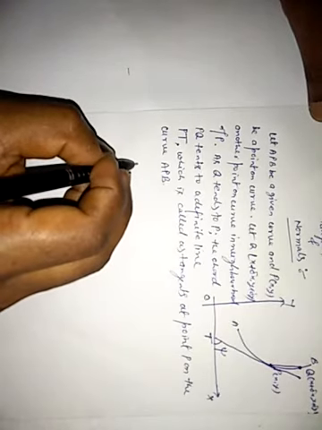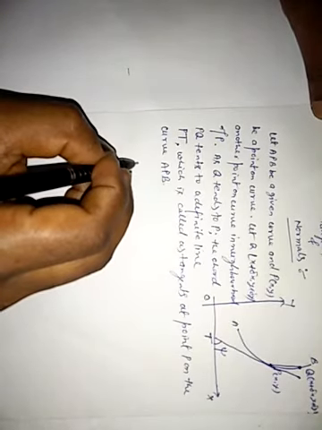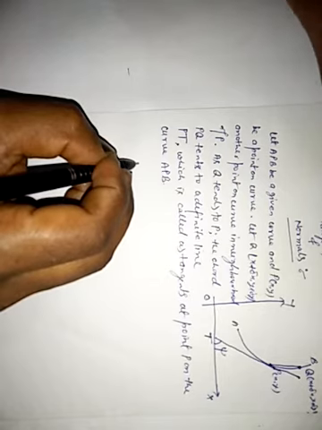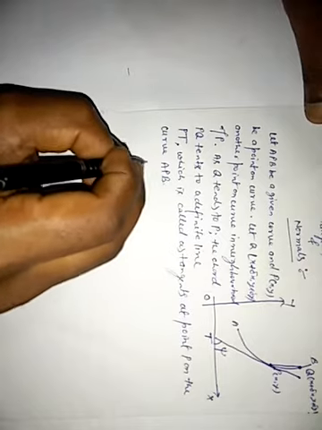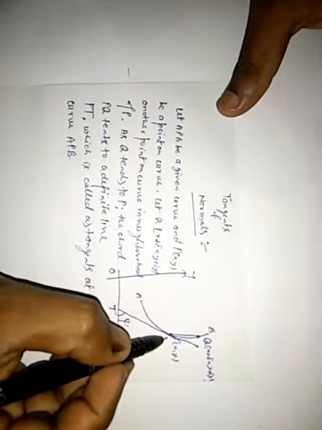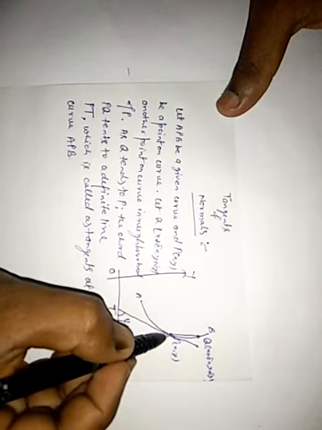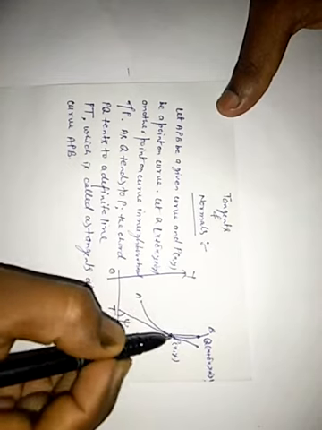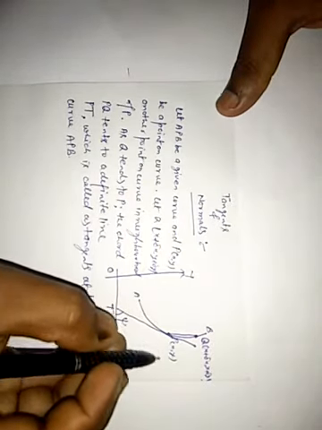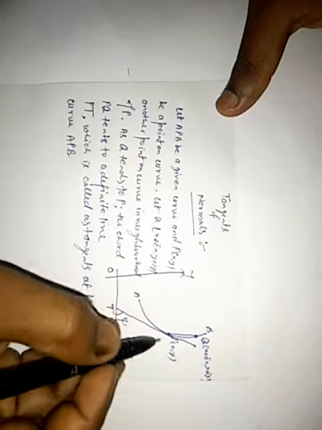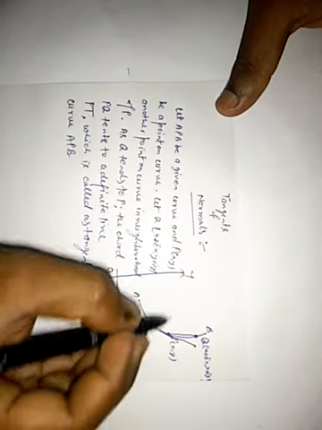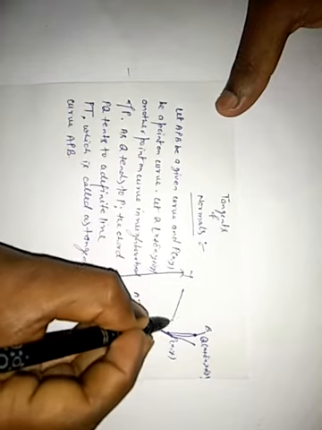Now we come to the definition of the normal. We draw a line at a point P on the curve AB which makes a right angle to the line PT, say PN.